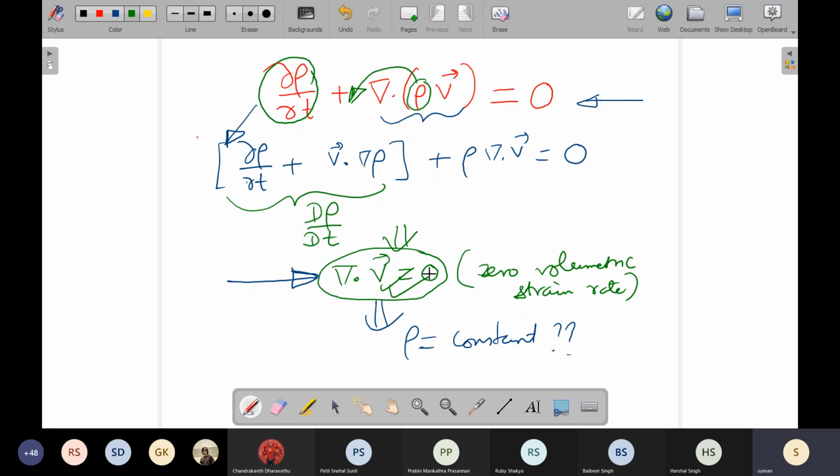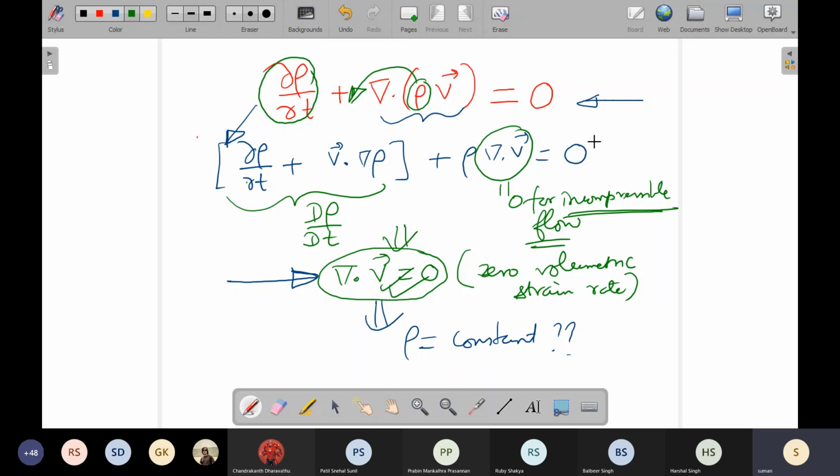So if that is the fundamental consideration of incompressible flow, this has to be zero for incompressible flow. No doubt about it. It has nothing to do with density. It's a kinematic constraint. So this has to be satisfied no matter whether density is constant, variable, etc. If it is incompressible flow, this has to be zero.